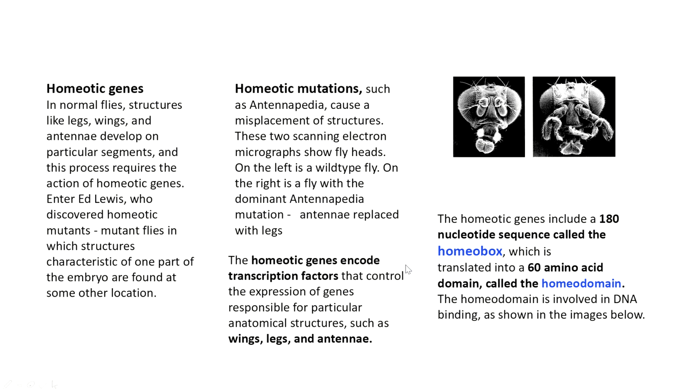One gene is composed of 180 nucleotide sequences, and this is called the homeobox. It is very important. Homeobox is the term, it is very important. A 180 nucleotide sequence of a homeotic gene is called the homeobox.